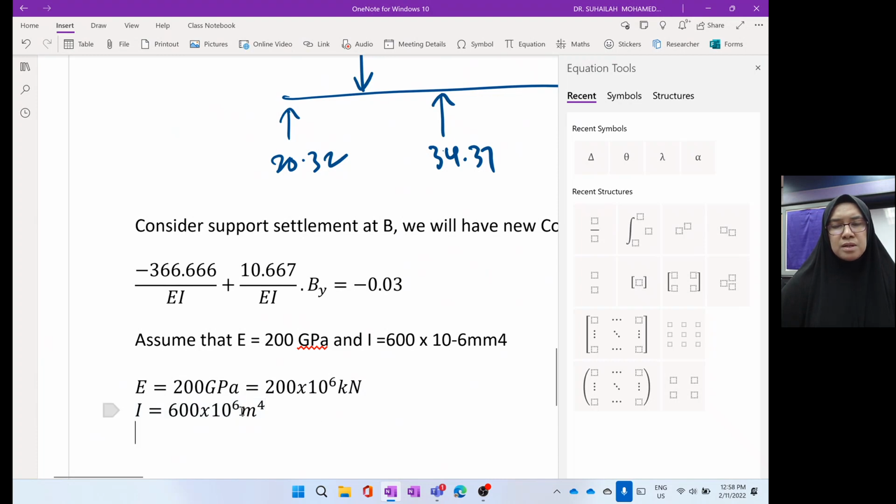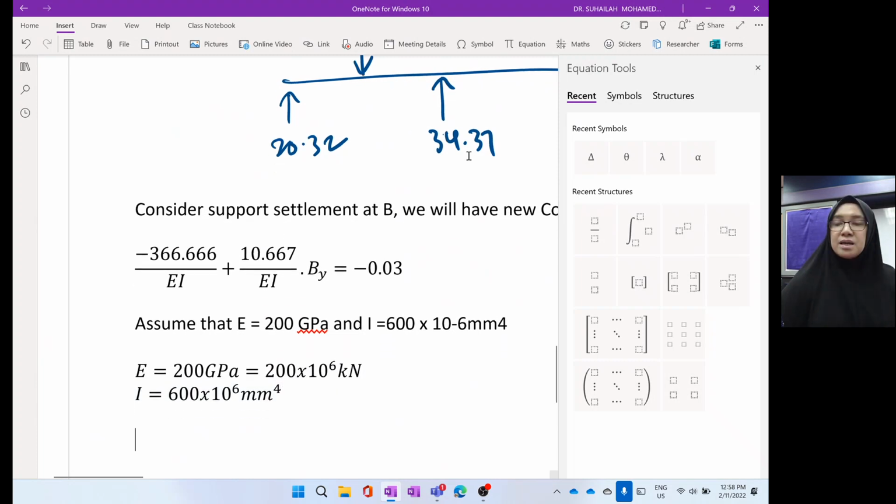Sekejap. Selalunya dalam soalan I ni dia bagi mm tak silap. Sekejap kita try. Because EI ni bila kita nak simplify dia.